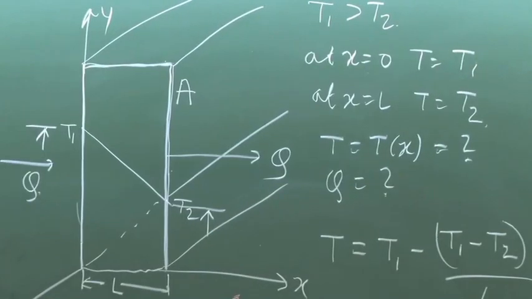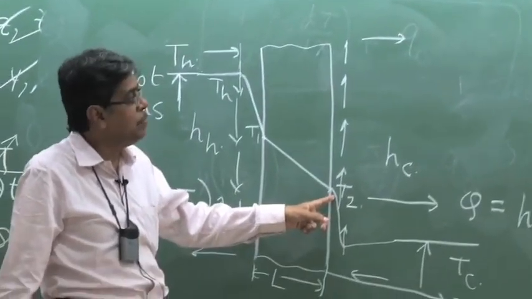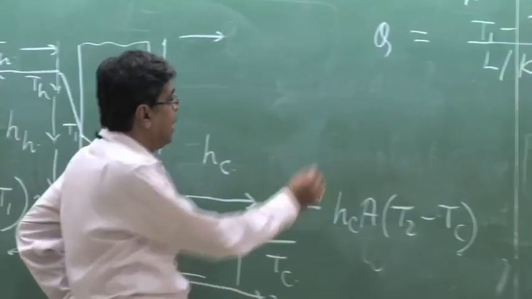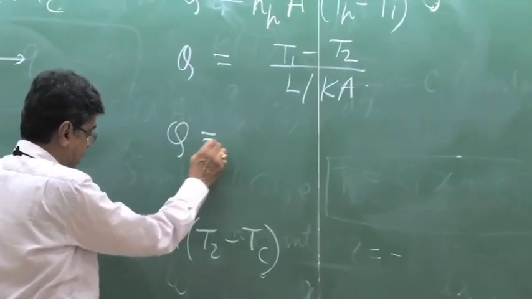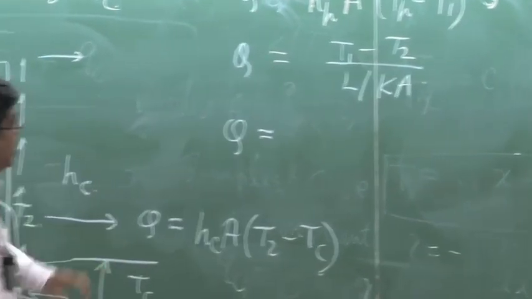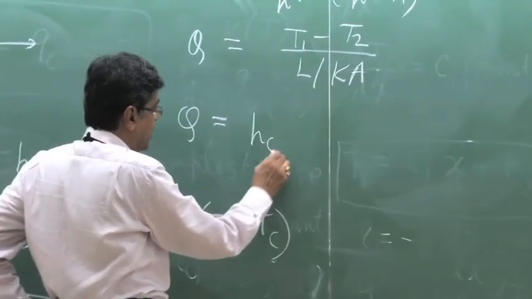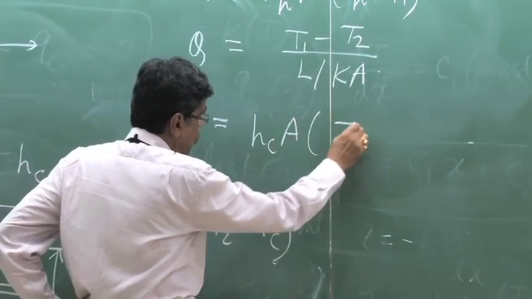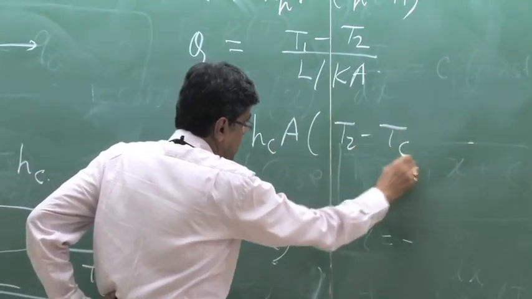If the two surface temperatures are T1, T2, conduction is given by this, and the same heat Q, because of steady state the same heat is there, it is going out, which is HC into A into T2 minus TC.